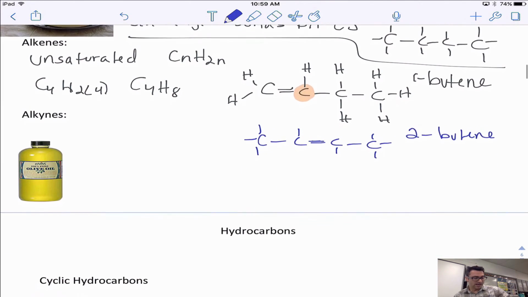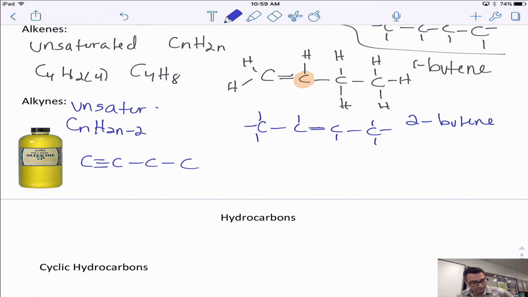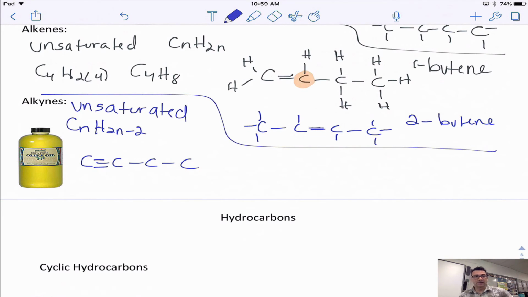Lastly, we have alkynes. So alkynes have a triple bond. If we did 4, we would have a triple bond. The general formula for these is CnH2n minus 2. These are also unsaturated. And so now when I go through this, I need to fill out the right number of hydrogens.